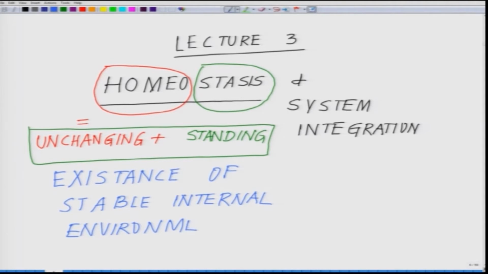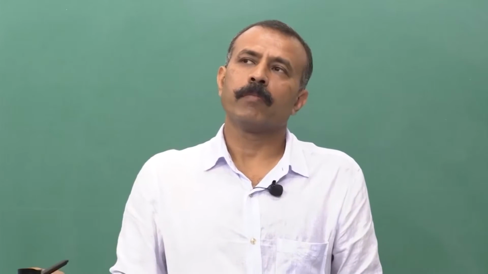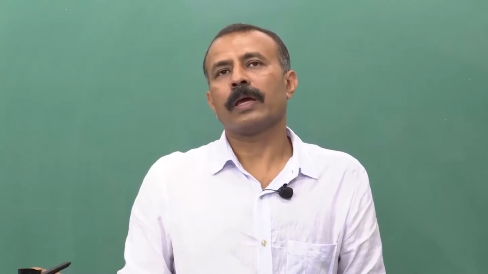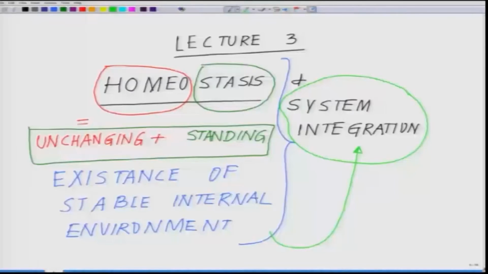This is what is meant by homeostasis, and homeostasis is what leads to what we call system integration. A system gets integrated because it can recalibrate itself by different mechanisms in order to function. Now from here let us move on to the next slide, where we will talk about the different mechanisms of homeostasis.